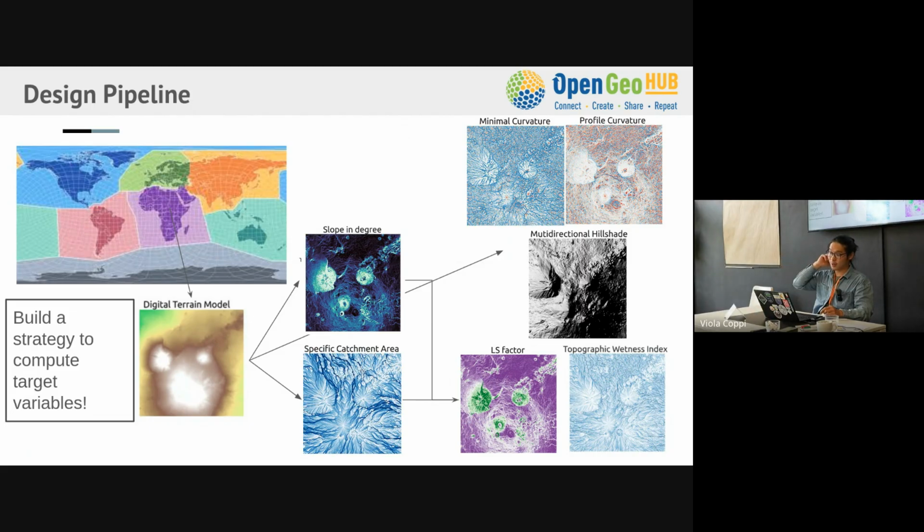And also we can compute some curvature and hillshade. If you know hydrology, you will know that the LS factor and the topographic gradient index depend on slope also. So you also need to compute slope first and specific catchment area. In this way, how can we design the best strategy to do the data parallelization from the digital elevation model to slope, and to produce 1, 2, 3, 4, 5, 6, 7, 8 layers is the topic for today.